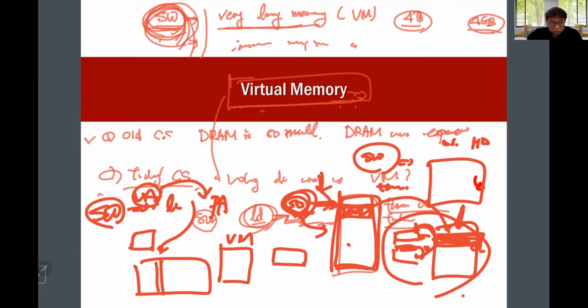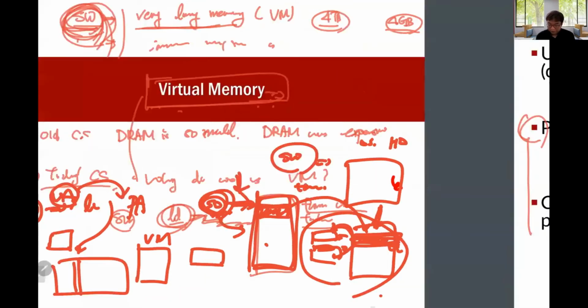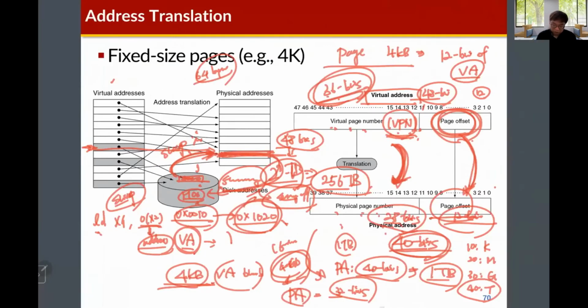The operating system supports this translation. In order to support this virtual address to physical address translation, the operating system provides the page table. The page table translates the virtual page number, VPN, to the physical page number, called the PPN.